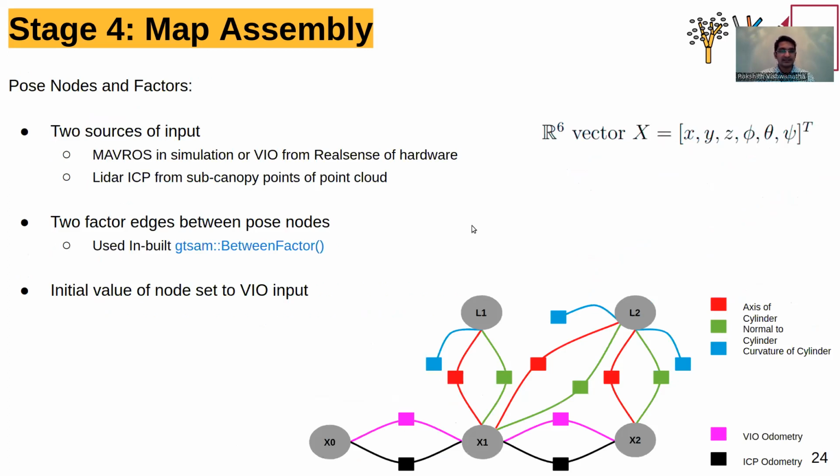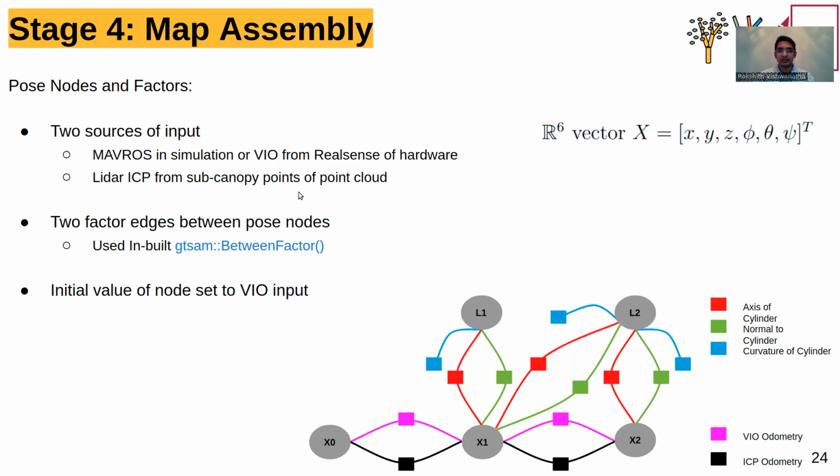So the GTSAM graph that was used in this thesis took this shape. X0 was the start location of the robot, or the start location of the sensor suite, which then moved to X1 and then to X2. There were 2 forms of odometry that we used. One was through visual inertial odometry, and the second was through Lidar ICP, iterative closest point.